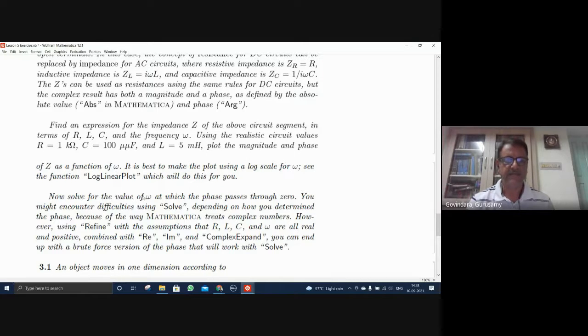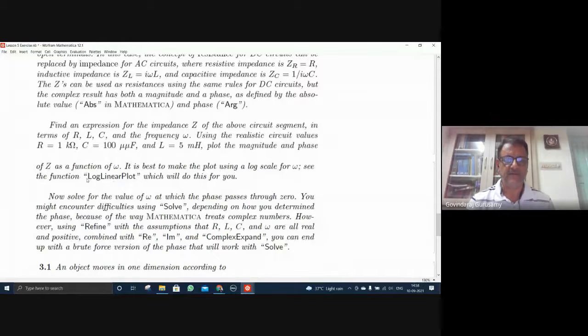Plot the magnitude and phase of Z as a function of omega. So you have to find the magnitude and phase, then make sure that you are finding it as a function of omega. It is best to make a plot using a log scale for omega. See the function log linear plot.